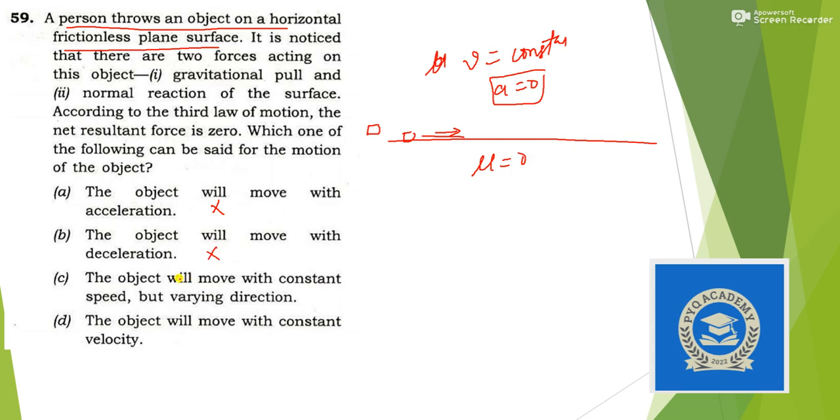No case of retardation. The object will move with constant speed but varying direction? No, there is no resistance or hindrance to change direction. As mu is 0, there will be no case of varying direction. The object will move with constant velocity. This is true. So our answer is option D. Although it seems tough, by applying logic you can solve this question.